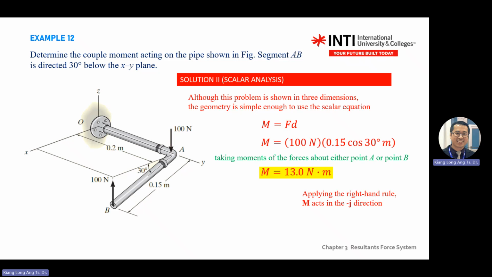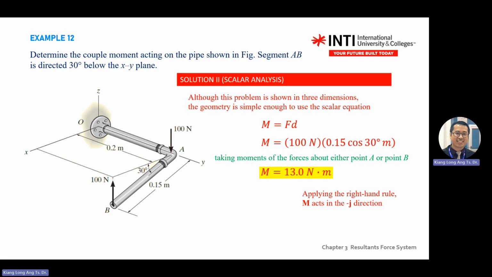FD only finds the magnitude. You need to tell the direction. Okay, scalar method, FD only gets the magnitude, but you need to state magnitude and direction. Direction is in the Y, minus J direction. Okay.